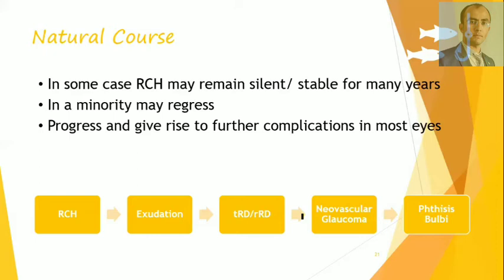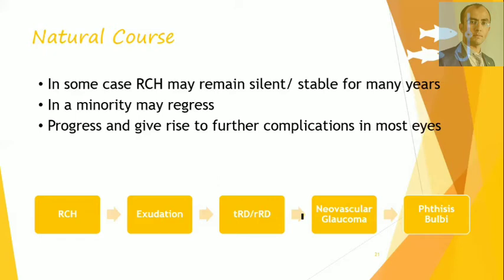These cause vasodilatation and tumorigenesis, and the vasodilation and increased permeability caused by these growth factors and inflammatory cytokines result in exudation, which is then further complicated by tractional retinal detachment and rhegmatogenous retinal detachment.